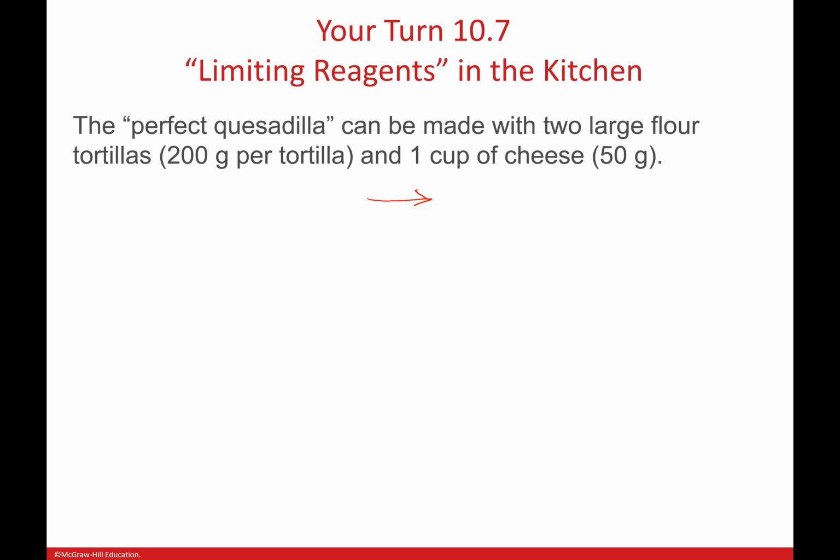Perfect quesadilla can be made with 2 large flour tortillas and 1 cup of cheese. What's my product? It is the perfect quesadilla. And so I'll just put a Q for quesadilla. 1 perfect quesadilla. So what are the ingredients? Or what's the reactants?